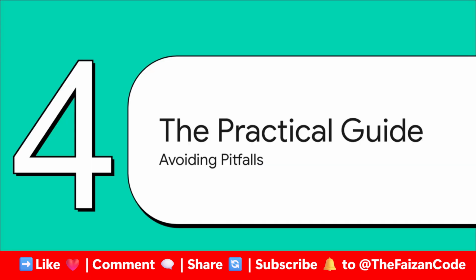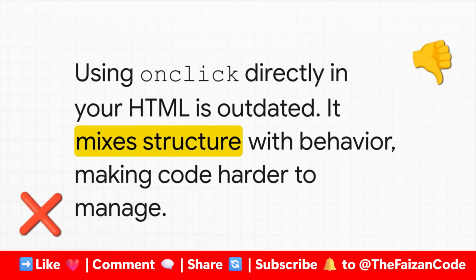All right, theory is great, but let's talk about the real world. This next part is all about saving you from the headaches and the common mistakes that basically every single developer runs into when they're first learning about events. First up, if you ever see this onclick attribute written right inside an HTML tag, just know that's the old school, outdated way of doing it.